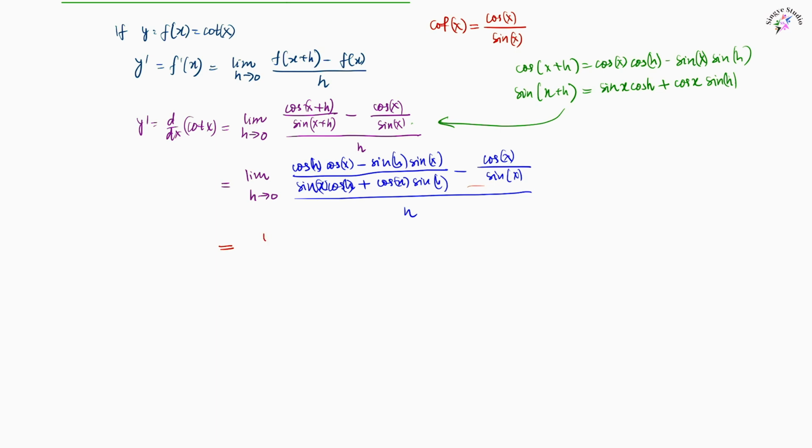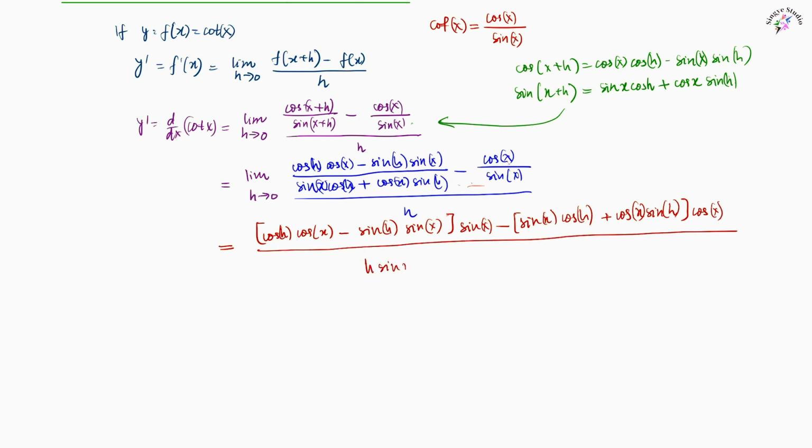And we will get cosine h cosine x minus sine of h sine of x, whole times sine of x, minus sine of x cosine of h plus cosine of x sine of h, whole times cosine of x, divided by h times sine x times sine x plus h. Okay, and the limit h tends to 0.